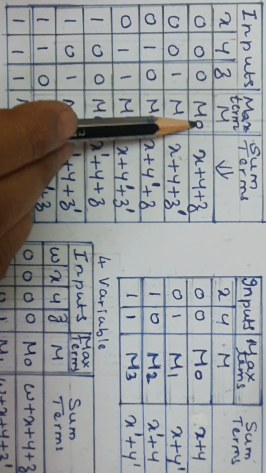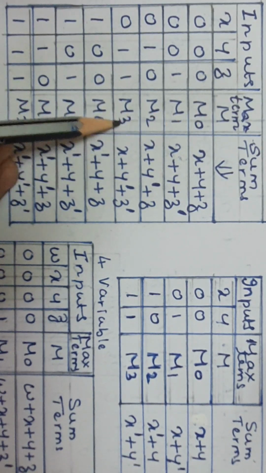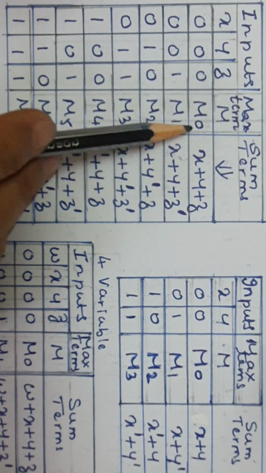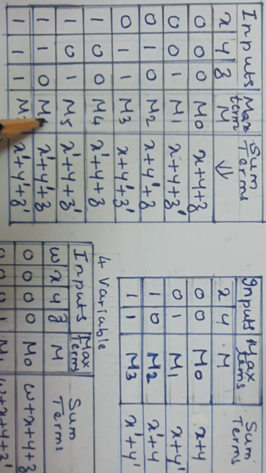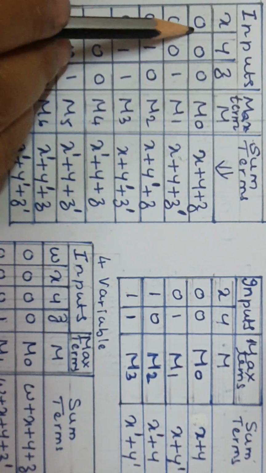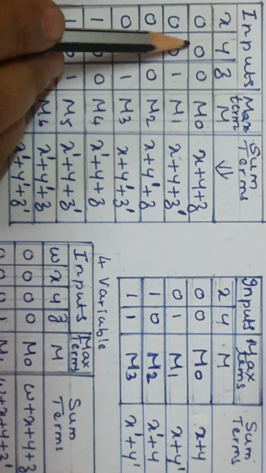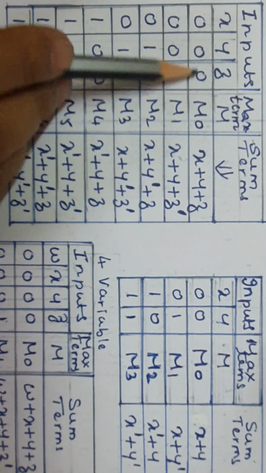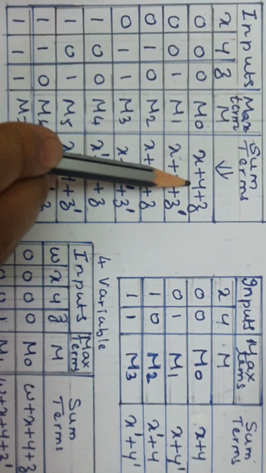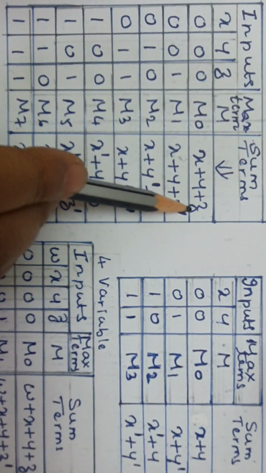They are named M0, M1, M2, M3, M4, M5, M6, M7. So 0 to 7; 2 raised to 3 means 8. So max terms vary from 0 to 7. M0 is with respect to when all x, y, z are 0, 0, 0. Hence x is written as x, y as y, z as z.